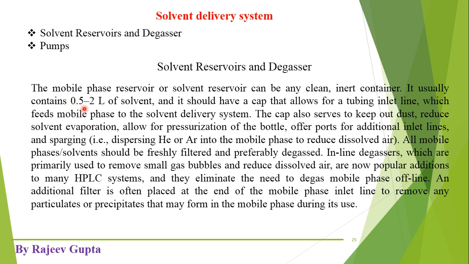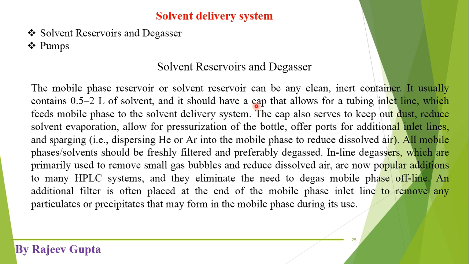Generally, 0.5 liter to 2 liter solvent reservoirs are used, and they should have a cap that allows for a tubing inlet line. So these solvent reservoirs should have a cap, because many solvents, which are organic solvents, are volatile in nature.